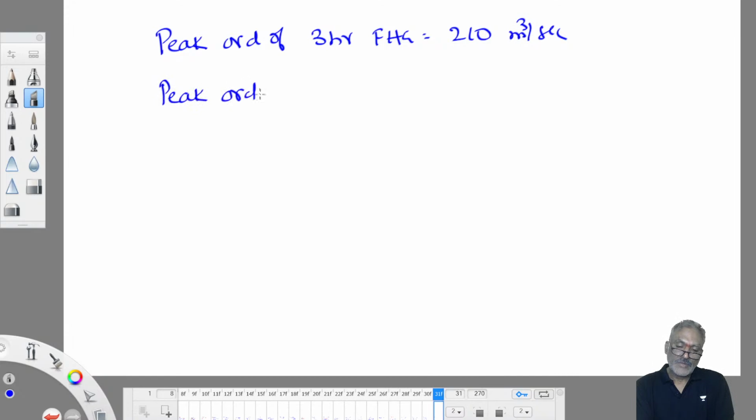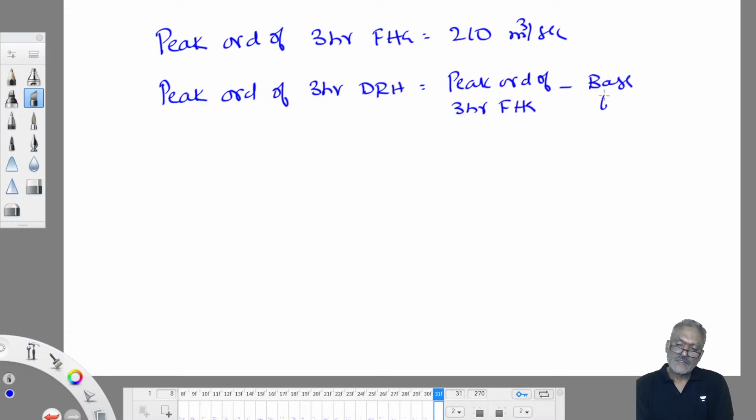Then the peak ordinate of the 3-hour direct runoff hydrograph is equal to the peak ordinate of the 3-hour flood hydrograph minus base flow.